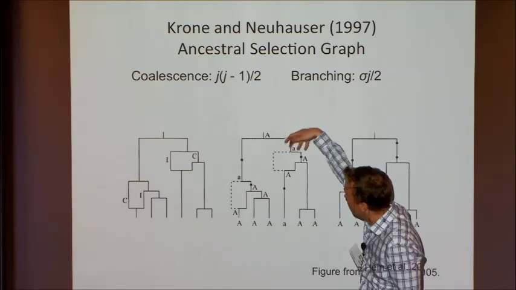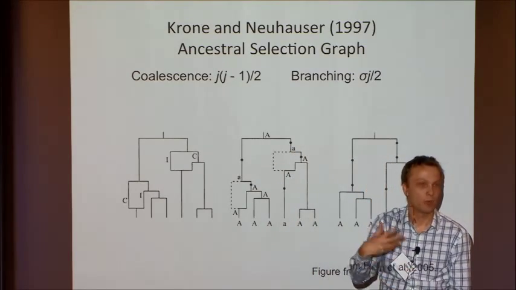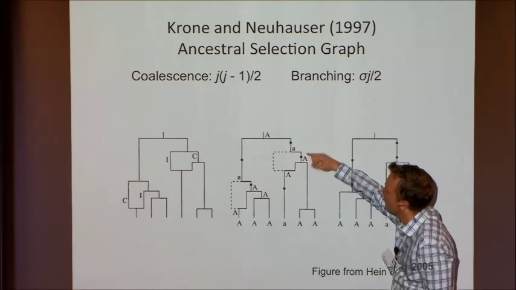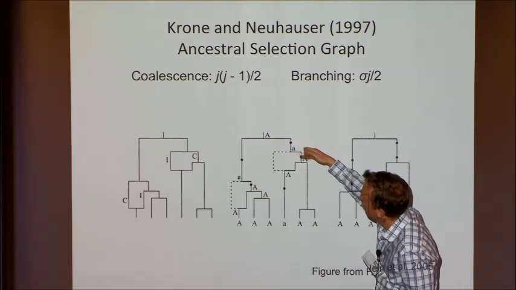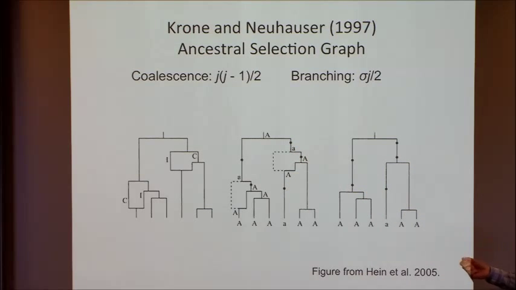And then you put mutations on the tree, as you usually do, using, in the infinite sites model, a Poisson process or some other mutational process, superimposed on the edges of the coalescence graph.